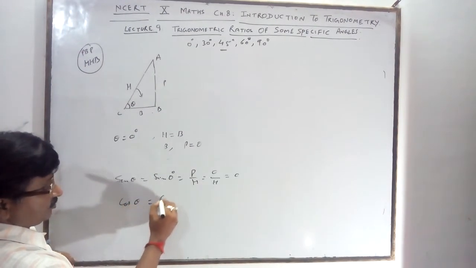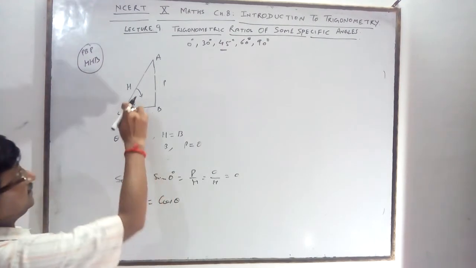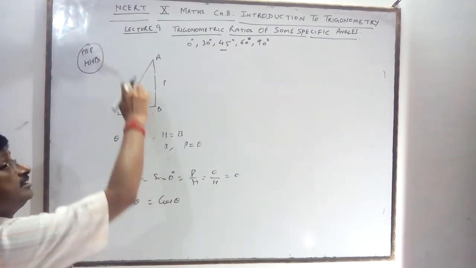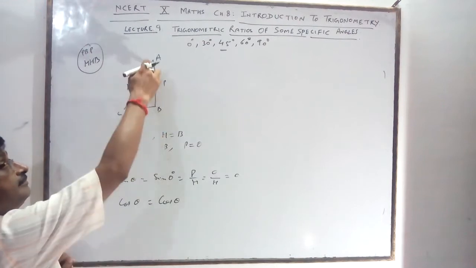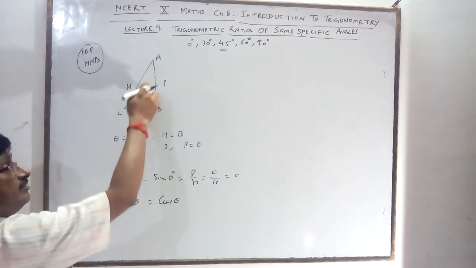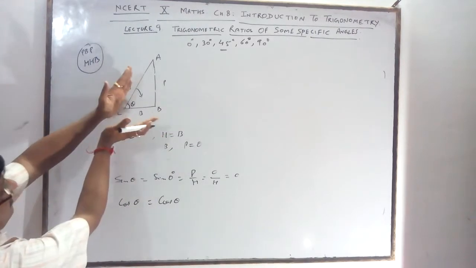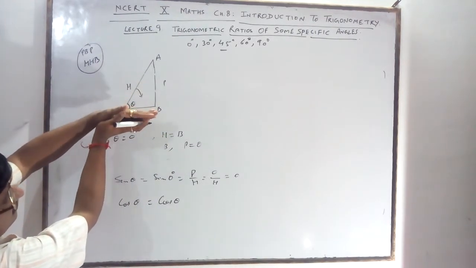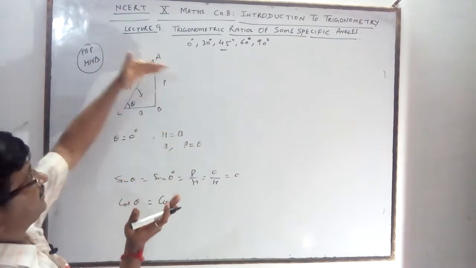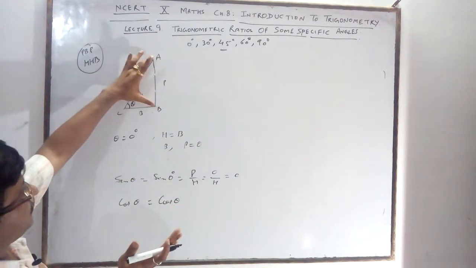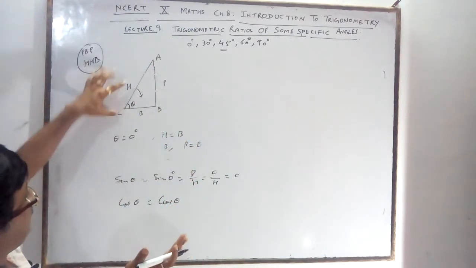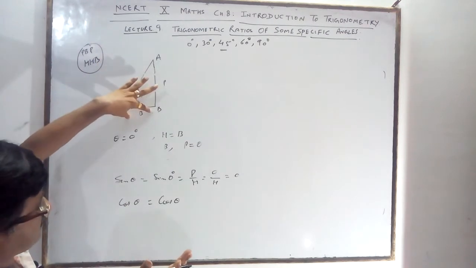Cos 0 degree. Cos theta gives you cos 0 because I am letting theta be 0. When it is 0, the hypotenuse falls on the base, meaning both sides are reduced and it comes fully onto the base. So P becomes 0 and hypotenuse is equal to base.